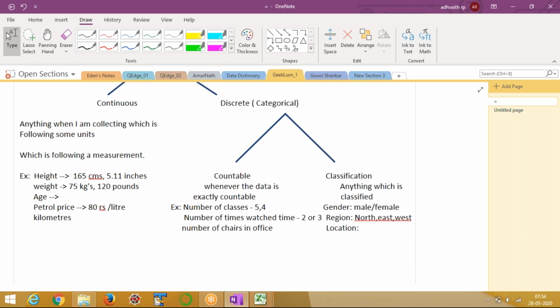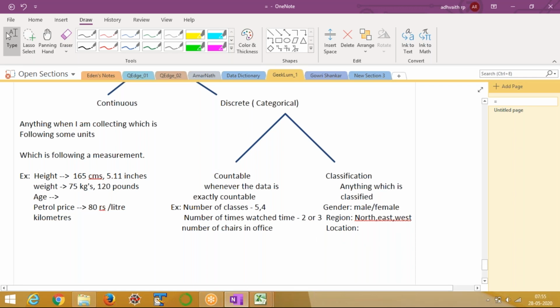Any more examples, guys? There is rating. Rating of the movie. So how do you like that movie? Excellent, average, or worst? Excellent. Can a Boolean value be classified data?